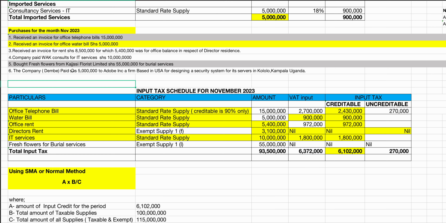Now, when you buy fresh flowers from Kajansi for burial services, they are exempt supply under the second schedule of the VAT Act. So burial services and cremation services, they're exempt services. So we will not pay VAT on them, and as you can see, it is nil.